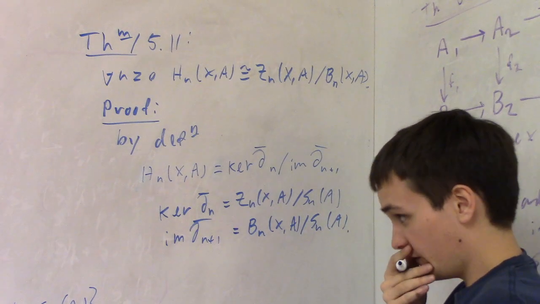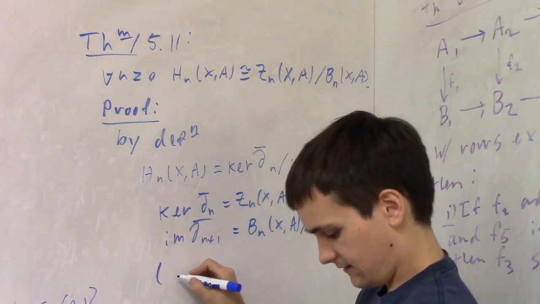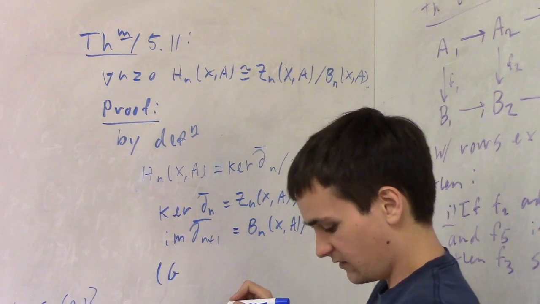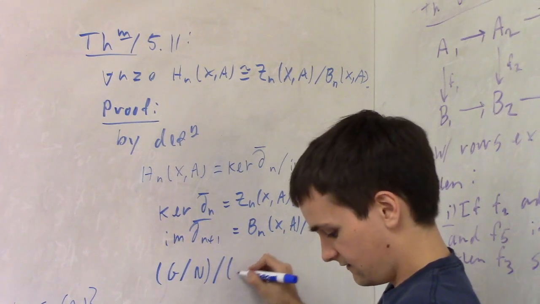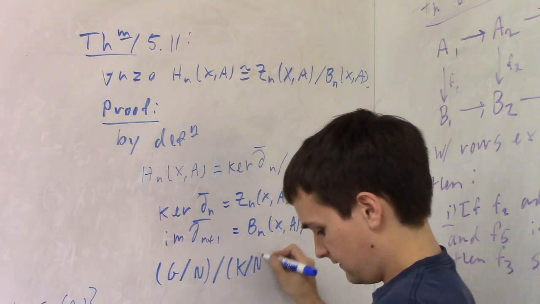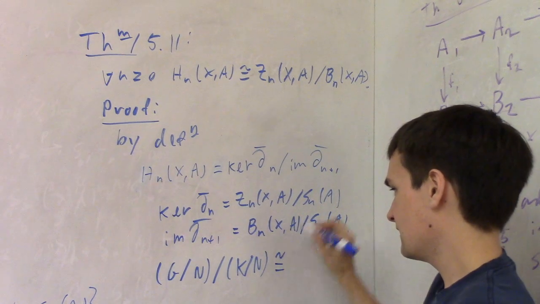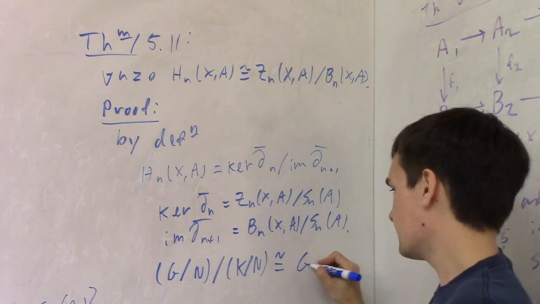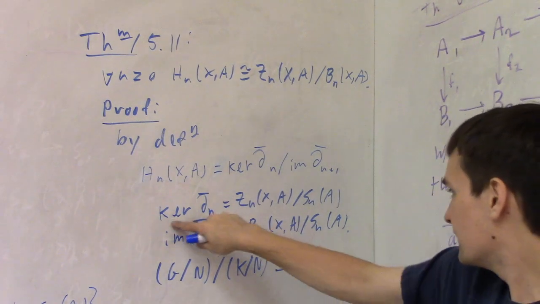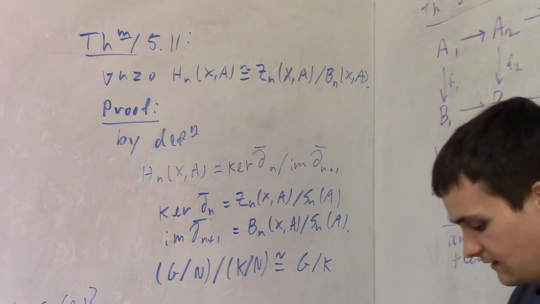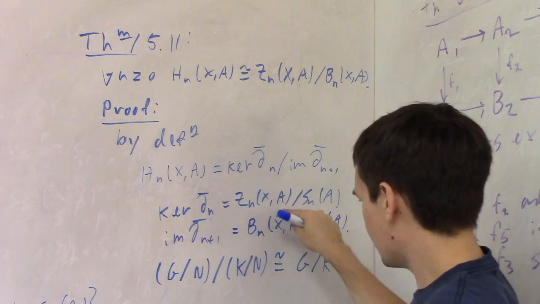So now, by the third isomorphism theorem for groups, which in our context, since everything's abelian groups, we don't need to worry about it being normal or not. These are all groups, then this is isomorphic to G mod K. So this mod this is isomorphic to cycles mod boundaries.